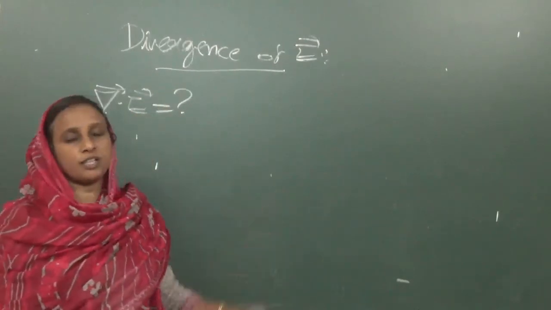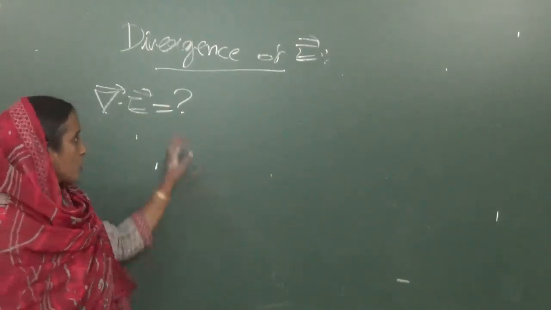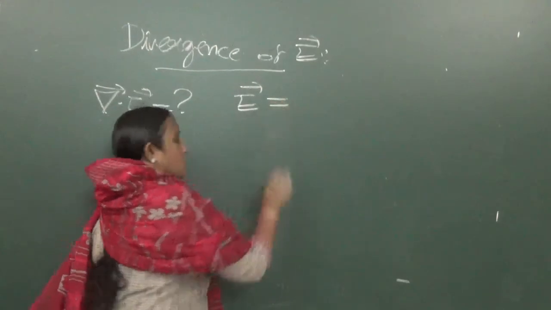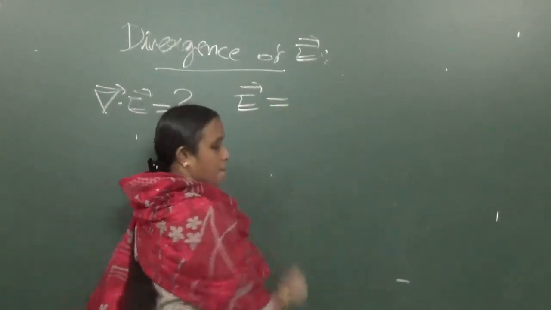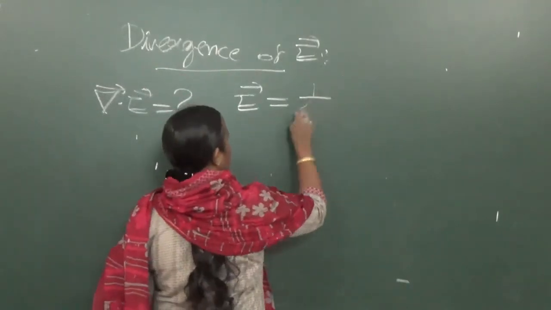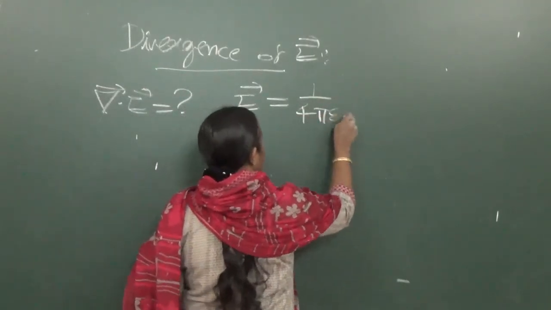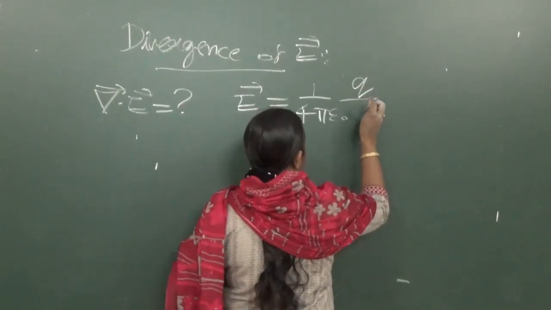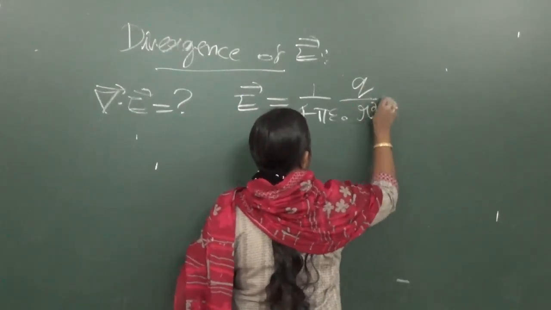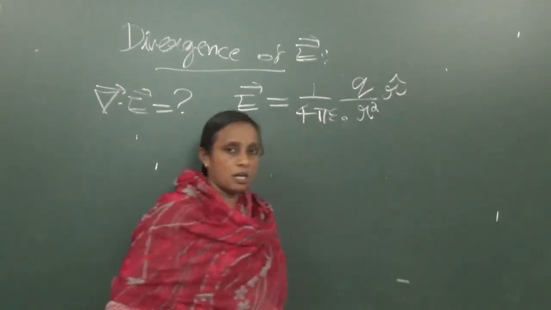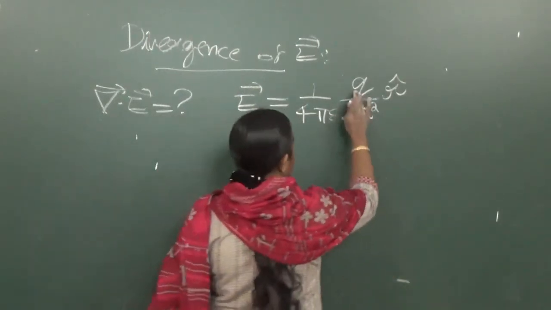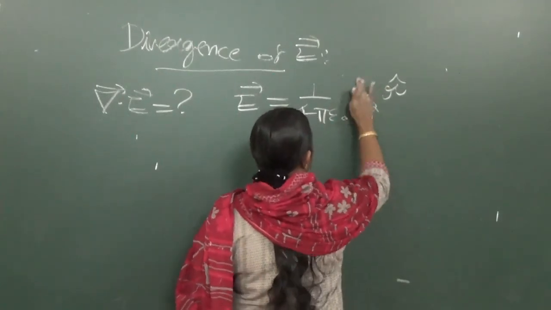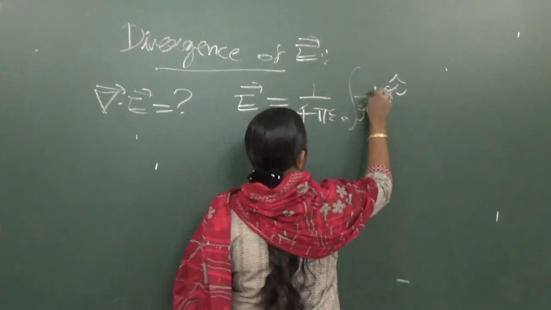We want to find the divergence, so first of all, we want to write the electric field. The electric field is given by 1 by 4 pi epsilon 0 Q by R square R cap. Instead of this Q, I can write here the volume charge density rho.